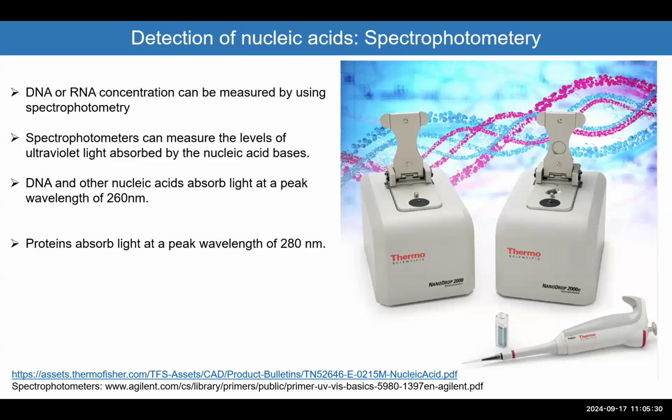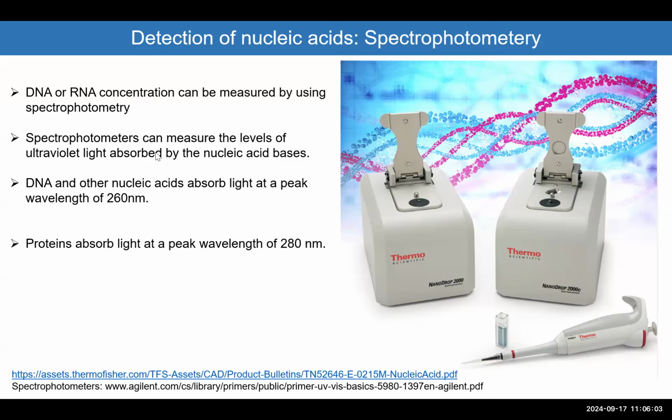Okay. So after isolation of DNA or RNA, you want to check the quality and the purity of the DNA and RNA. And I'm sure any lab you go to do your projects in the future, you will see one of these nanodrop machines or the older spectrophotometers with the cuvettes where you can add the DNA and water in a cuvette and you put it in a machine that reads the absorption of the UV light.